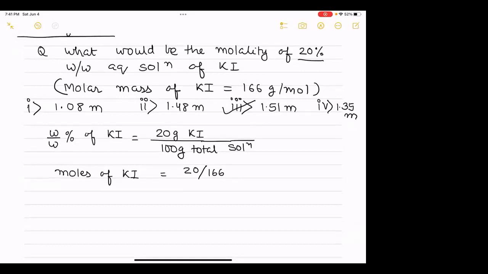In the denominator, this is the total mass of the solution. So I can express it in this way also. Memuna, do you agree with this, whatever I am writing? Yes, sir. So 20 gram plus 80 gram.